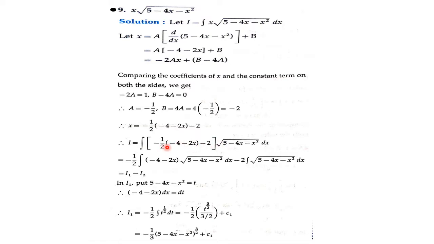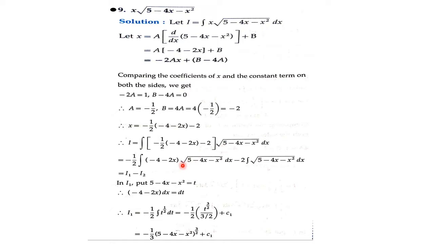Now see carefully. Minus 4 minus 2x is the derivative of this root term. So we want one term as the derivative into that function, and minus or plus the remaining function. Isn't it?